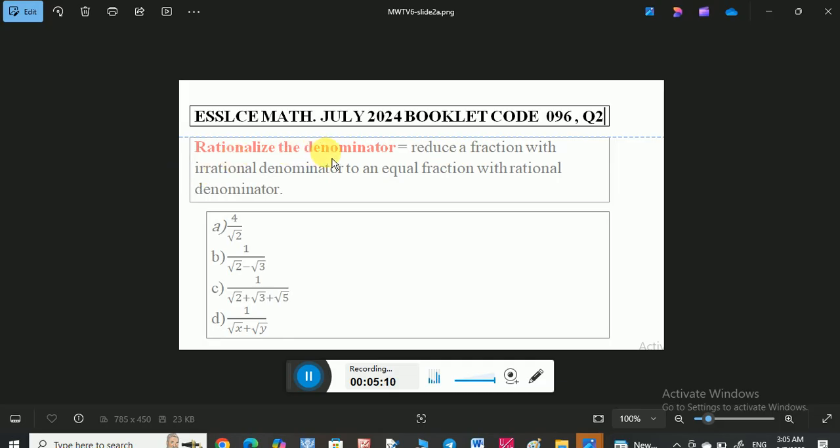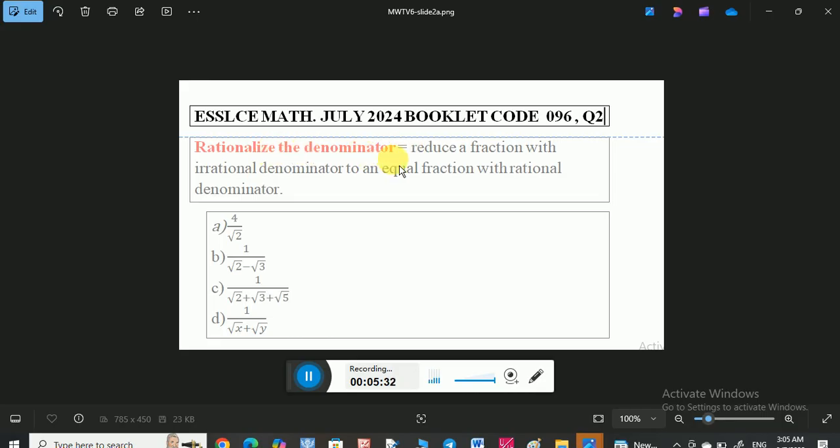To rationalize the denominator of a certain fraction means to reduce that fraction to an equal fraction in such a way that the denominator of the new fraction is not irrational and the denominator of the previous fraction is irrational.